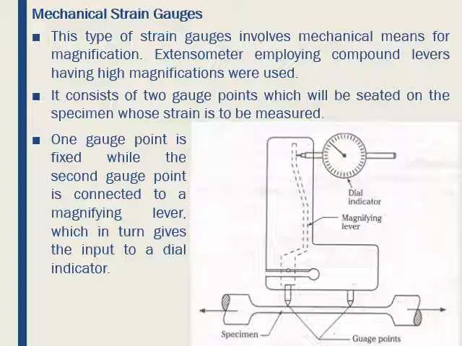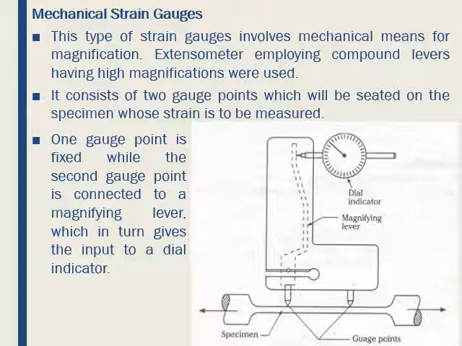In the figure you can see a mechanical type of strain gauge, which we also call a Berry extensometer. This type of strain gauge generally involves mechanical means for magnification, because whenever we consider a whole system of measurement, there is a need for an input device, an intermediate device and an output device.